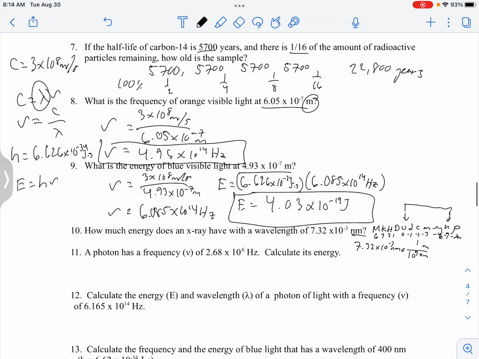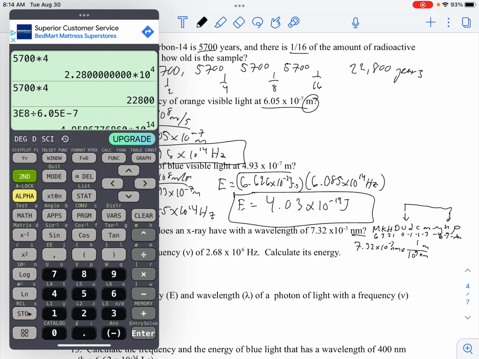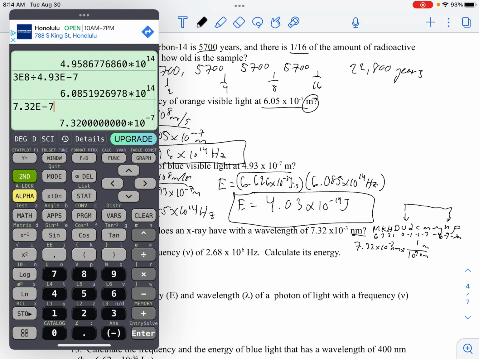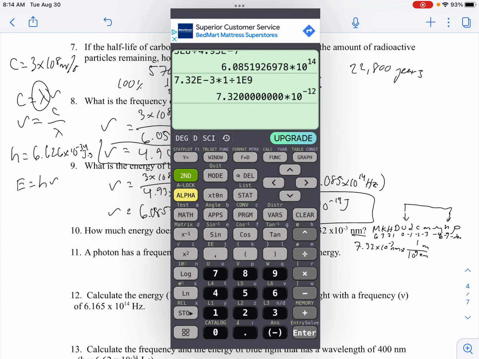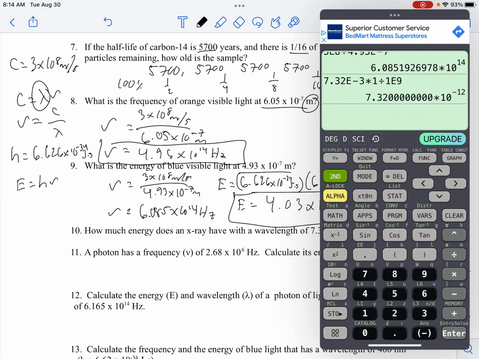So 7.32 e negative 3, times 1 divided by 1e9. Okay, that's my wavelength in meters.